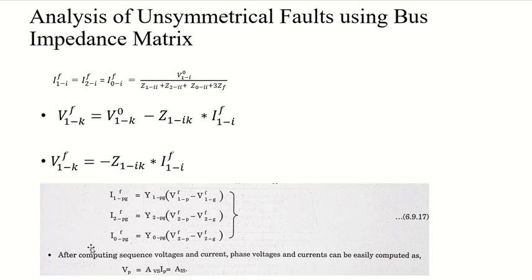Once you have computed these sequence currents, you can find the phase voltage and current easily from this formula. Vp is equal to A into Vs, Ip is equal to A Is. Remember what the A was? The alpha matrix having so many alphas and ones, that was the A. And you know Vs and Is as well. There is a printing mistake: Vs will not be small, V will be capital, S will be small, and you will be finding Ip as well.